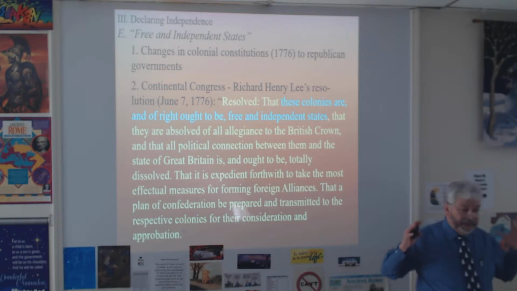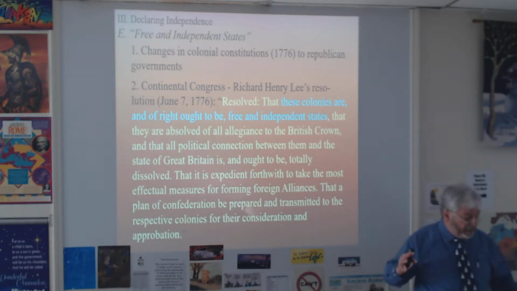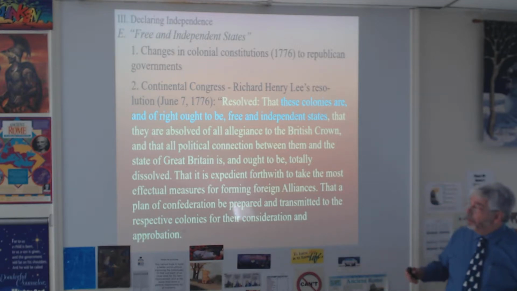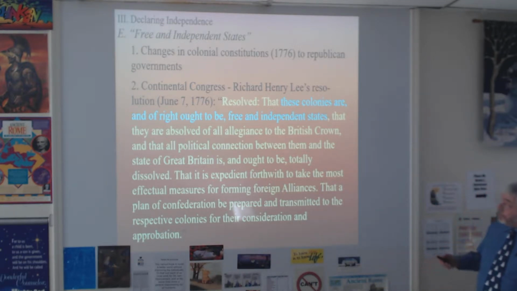We are free and independent. This is the beginning of the call for independence, at least officially. Notice what that consists of: no more allegiance to the British Crown, no more political connection. That means there's no government from Great Britain towards the colonies.